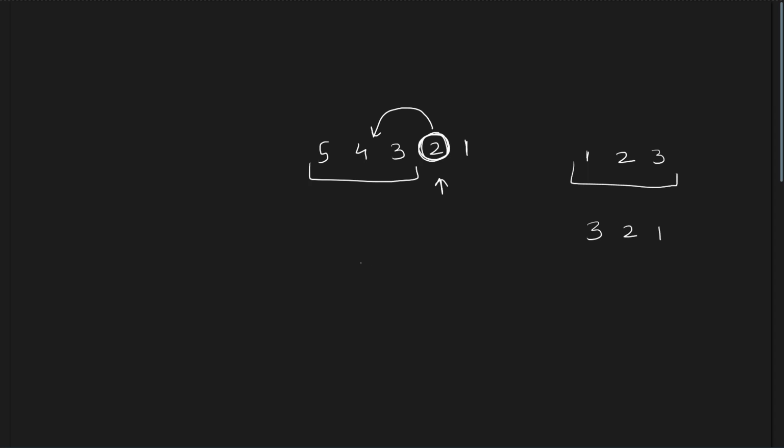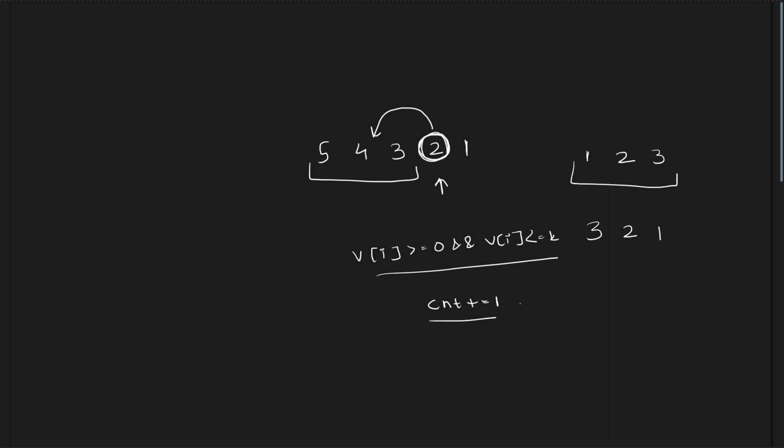It would be a simple condition: whether v[i] is greater than or equal to 1 and v[i] is less than or equal to k. If this is true, then you increment the count, count will be count plus 1. So this is the whole idea behind this question.